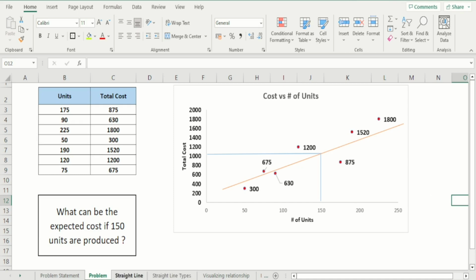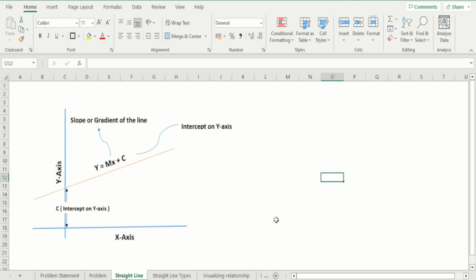So before we move on further, it might be helpful to just quickly take a look at some more information about straight lines. Now, we all know from high school mathematics that one of the standard ways in which straight lines are represented is the form y equals mx plus c, where y is the dependent variable, m is the slope, x is the independent variable, and c is the intercept on the x-axis.